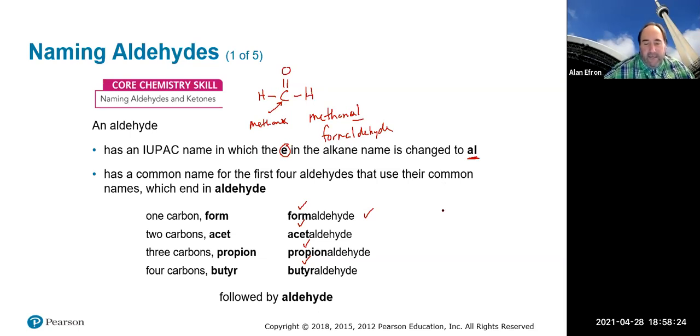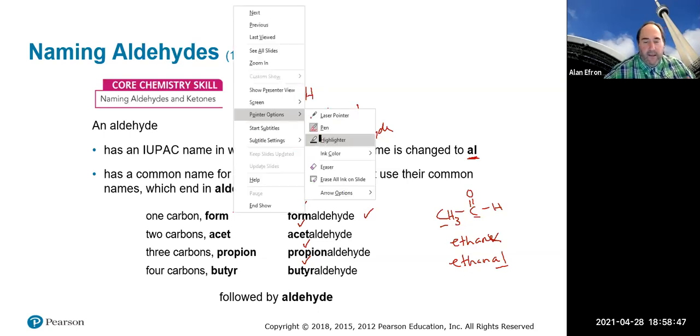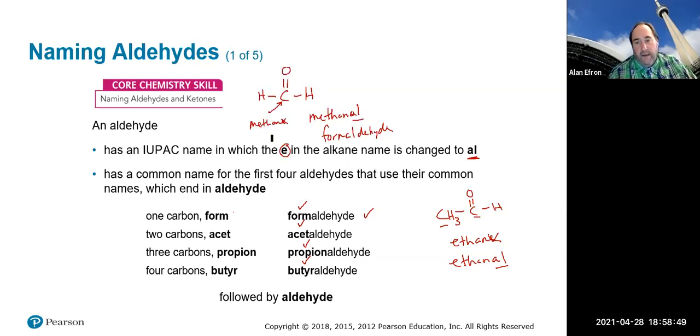If we have 2 carbons here, based off of ethane, drop the E, it becomes ethanal, -al. Now you may be asking, like I did with double bonds, triple bonds or OH groups, do I need to give the location of where I find this functional group?